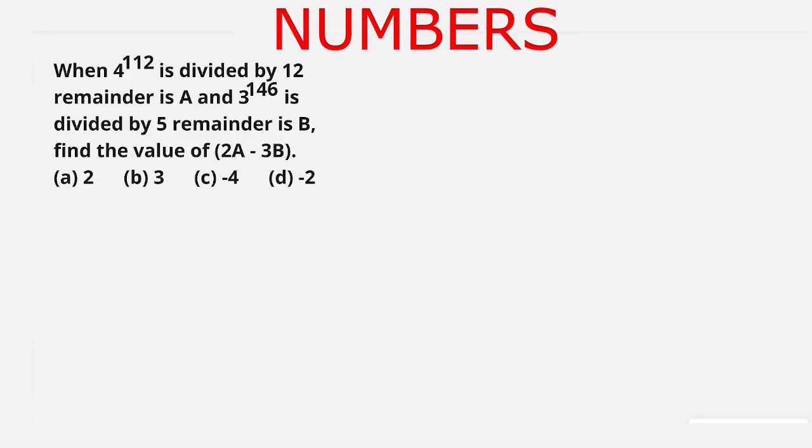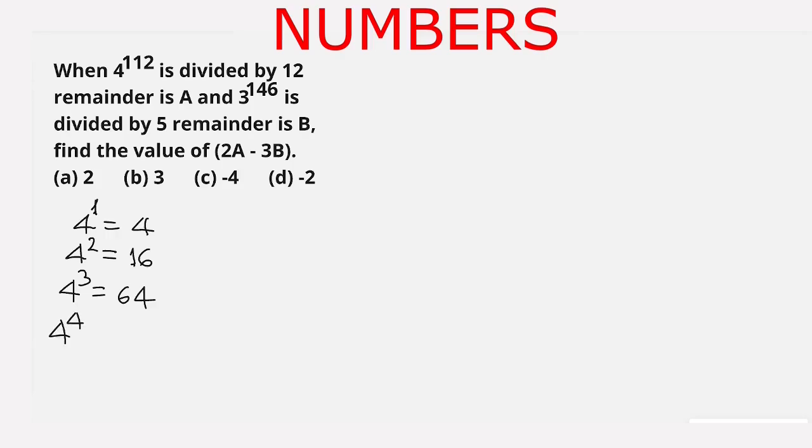We can show it: 4 to the power 1 is 4, and 4 divided by 12 has remainder 4. 4 to the power 2 is 16, and 16 divided by 12, 12 times 1 is 12, and 16 minus 12 is 4. 4 to the power 3 is 64, and 12 times 5 is 60, and 64 minus 60 is 4. So the remainder is 4.